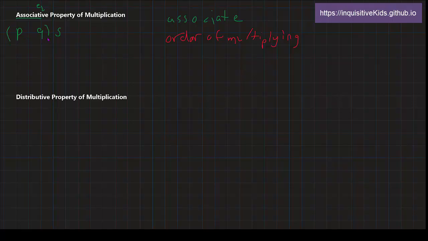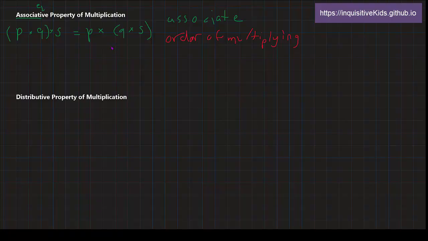You could either first multiply the first 2 and then multiply the third one. Or you could first multiply the last 2 and then multiply the first one.